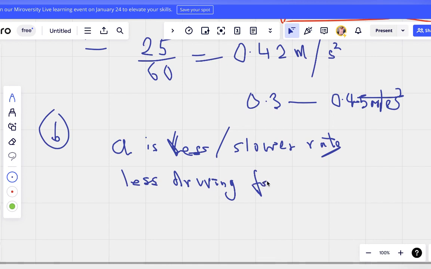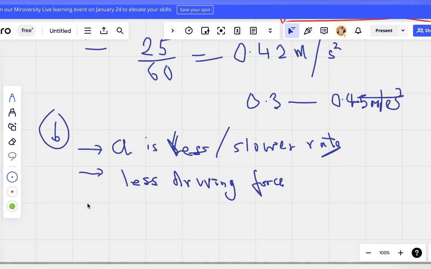Now we move to the third point. We must give 3 points in order to get the 3 marks. If they give 2 marks, you just give 2 points. The next one: the resultant force is also less, because we're speaking in terms of force. What about the resultant force?